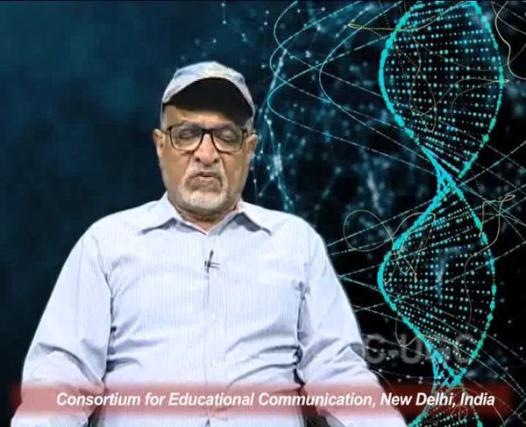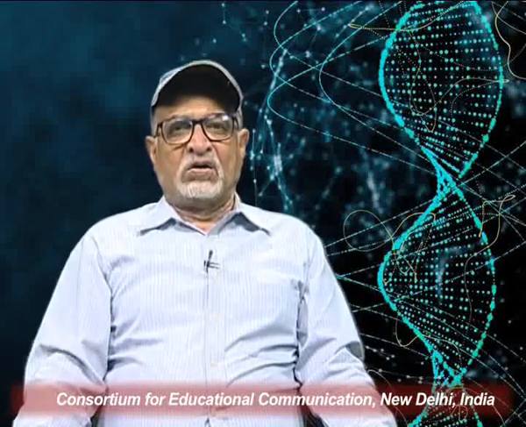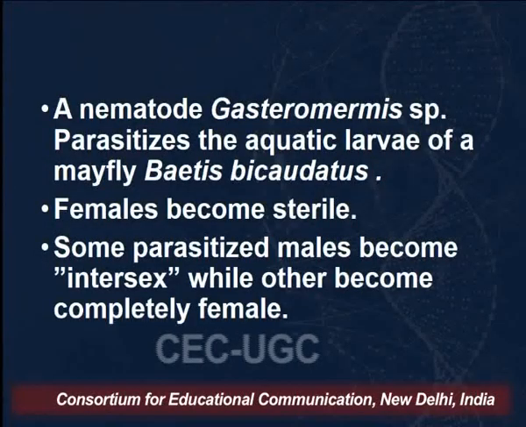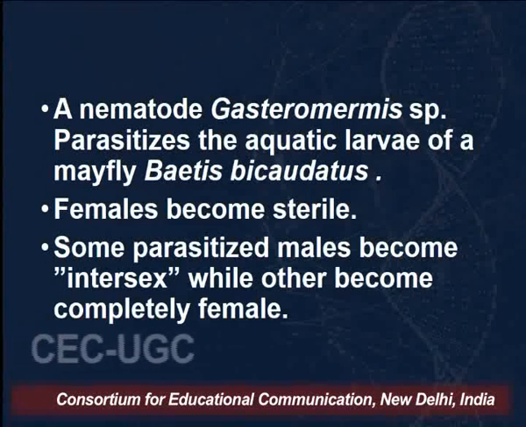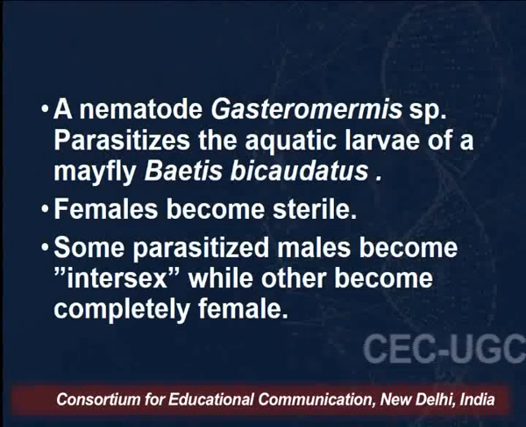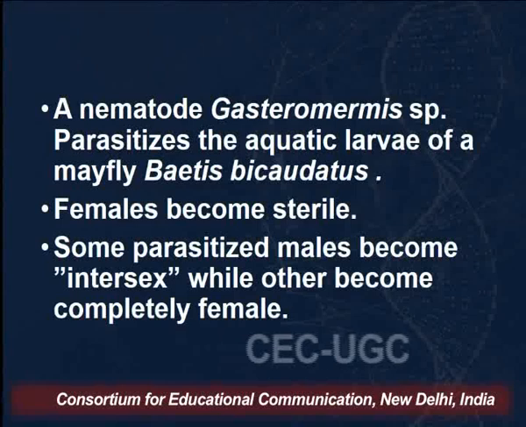Another good example of sex determination catalyzed by the environment is of a nematode, Gasteromyrmex. This particular nematode parasitizes the aquatic larvae of a mayfly, Baetis species. The females become sterile, and some of the males which are parasitized will become either intersex or completely female.